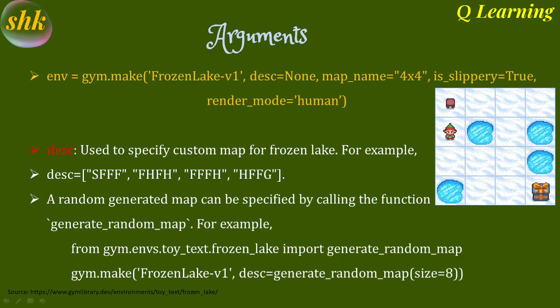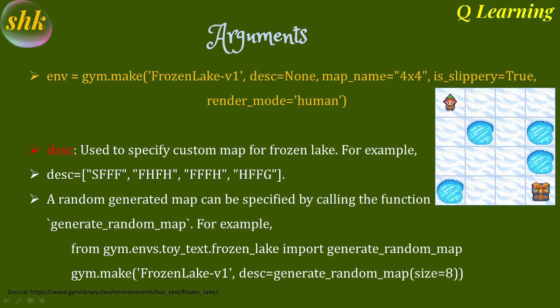For creating the environment in the gym library, use the command env = gym.make and we have to pass a few arguments. The first argument is the environment we are choosing. Here we are choosing FrozenLake version 1. The next parameter is desc.